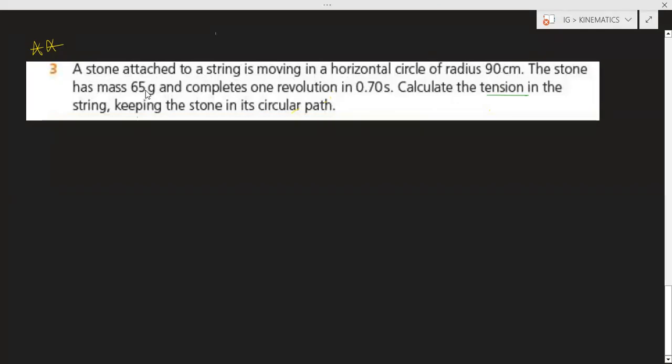The stone has a mass of 65 gram and completes one revolution in 0.70 seconds. Calculate the tension in the string, keeping the stone in the circular path.